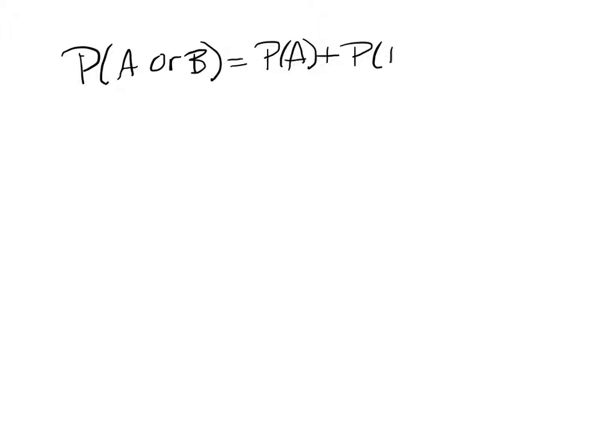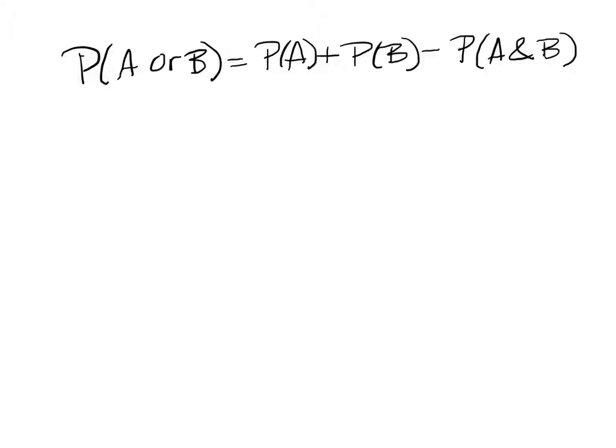If you're trying to find the probability of A or B, we say, well, that's going to be the probability of A plus the probability of B minus the probability of the intersection, which is A and B. So that intersection is the and.